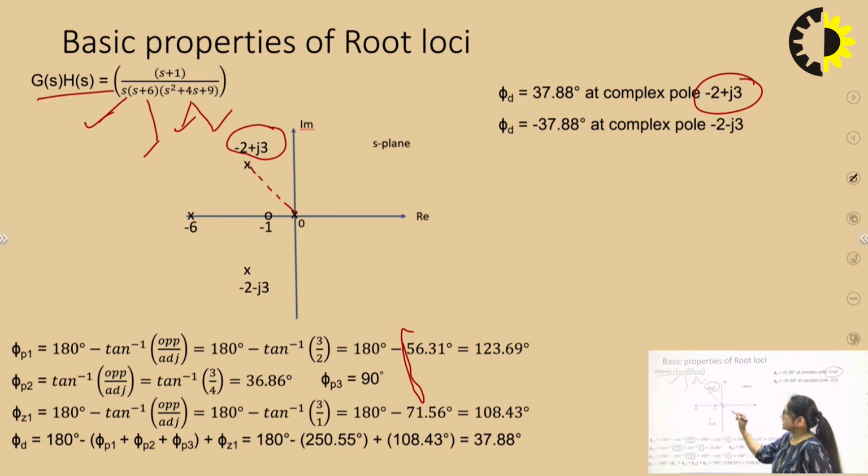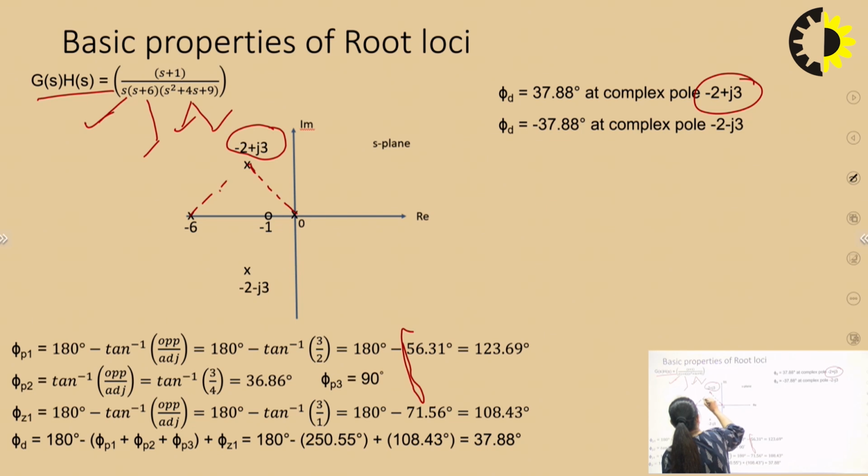So this is one. Another, we have this vector, and another vector, and another one here from the zero. Yes, we are talking about this angle.